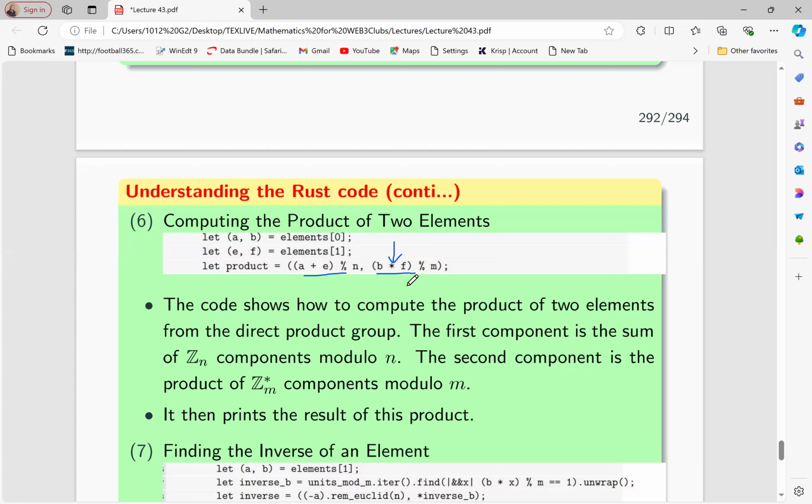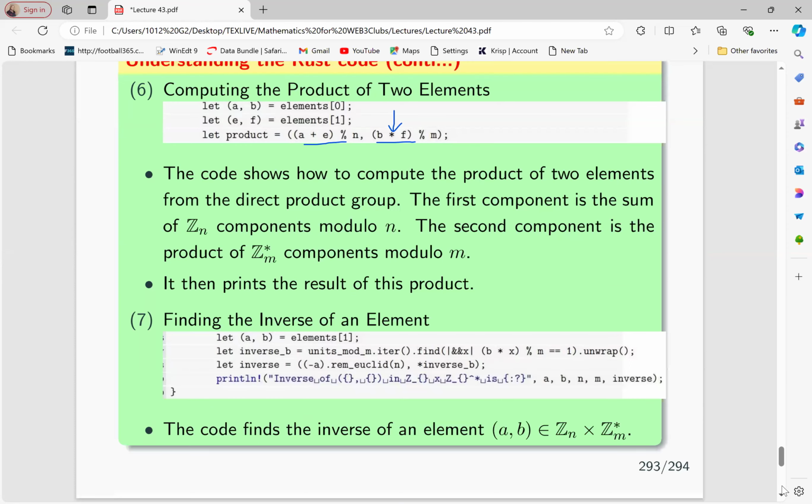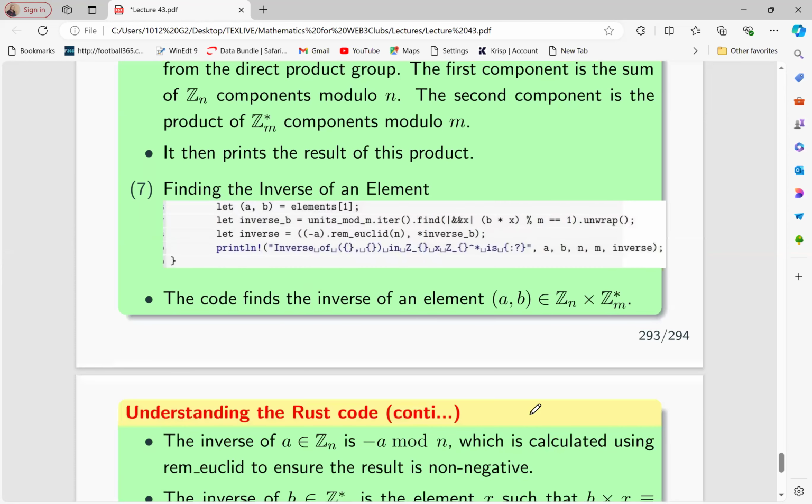So it multiplies them, divides by m, and then writes the remainder. That's what it does. Then for the inverse, for the first element, which is from the additive group, it's just subtracting. But for the second element, it's using the Euclidean algorithm to do that.